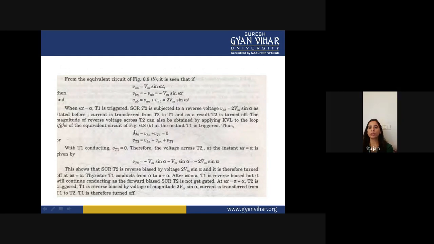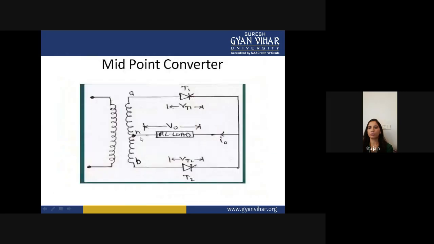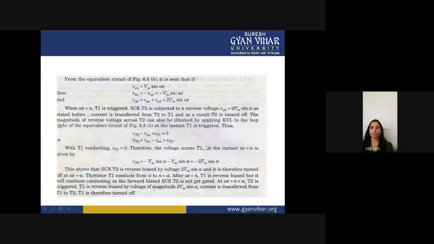So when you apply KVL across this loop, you will get the equation VT2 minus VBN plus VT1 is equal to 0. So the voltage across the thyristor is VT2 equal to VBN minus VAN plus VT1.